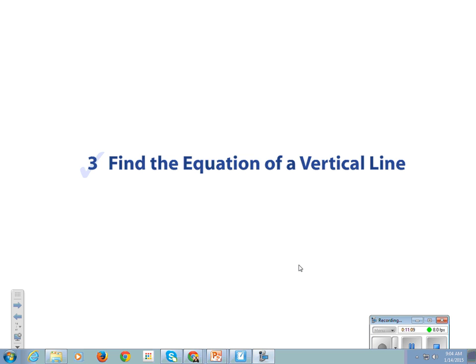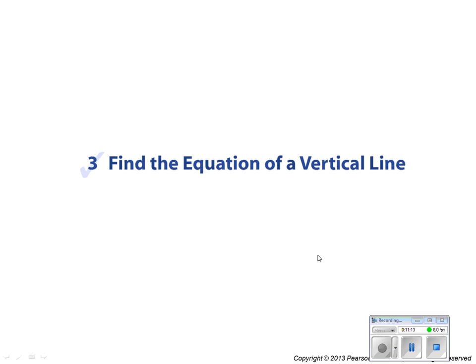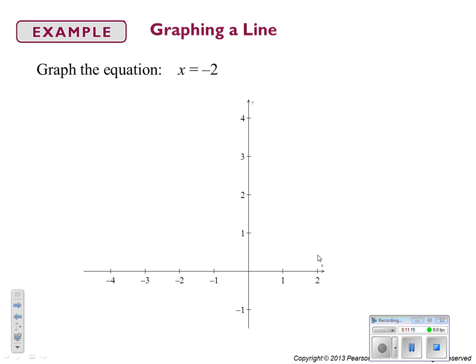All right, find the equation of a vertical line. That guy is straight up and down. You will love it. He's pretty easy. A vertical line is only going to have an x. That's it, just the x. Y is not even going to live there. So x is going to be -2 regardless of what y is. So y could be 4, 2, 0, or 1, and x is still going to be -2.